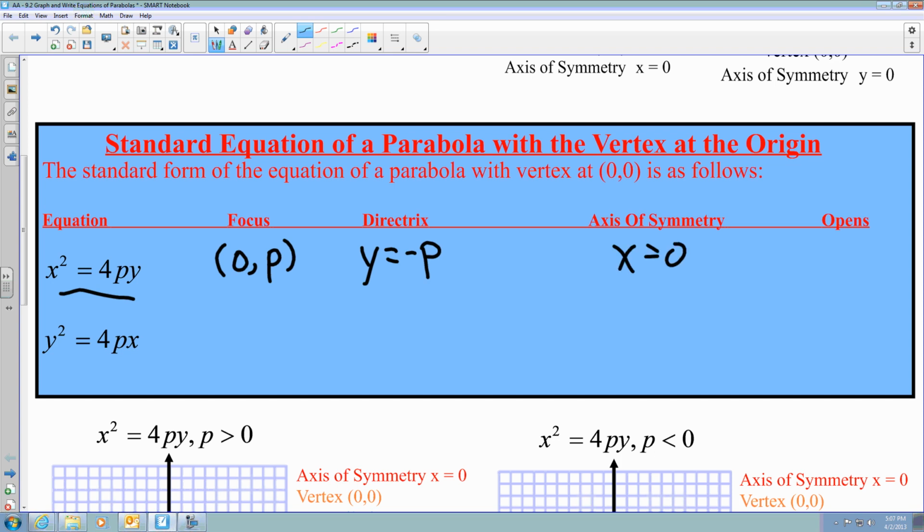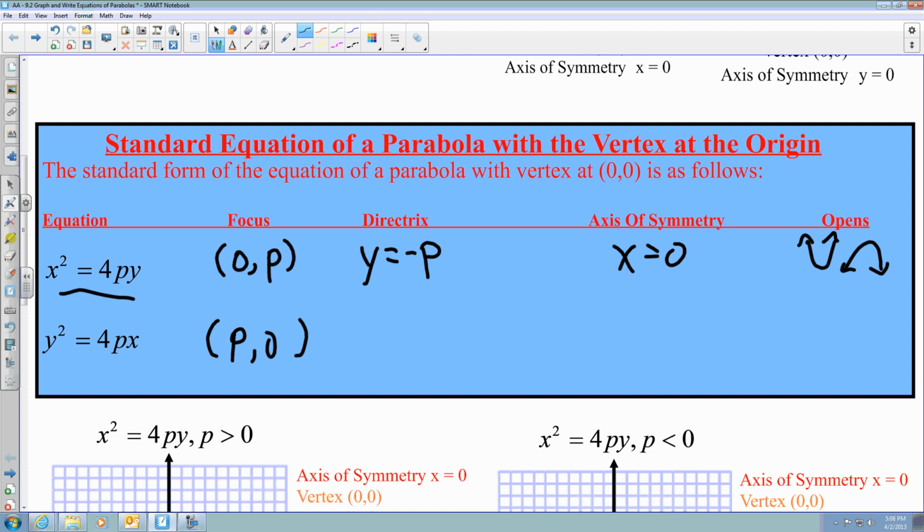And then these ones open up either upward, like this, or downward, or I'm sorry, I wrote that wrong. Let me erase that. Or downward, like this. Okay? For the y squared equals 4px, the focus location, instead of being 0, comma p, is going to be p, comma 0.